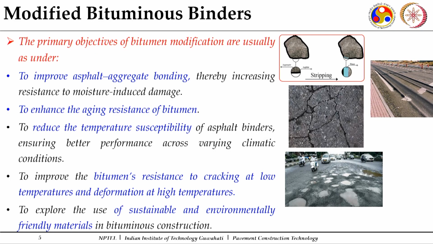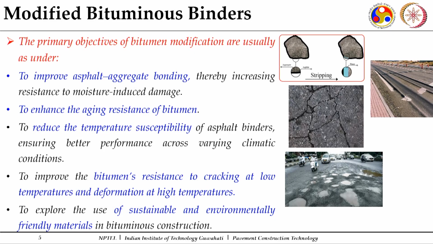Now, as the term itself says, modified bituminous binders. So, you are modifying the bitumen, and what is the purpose behind this modification? What do you want to achieve by adding these modifiers to your paving bitumen?